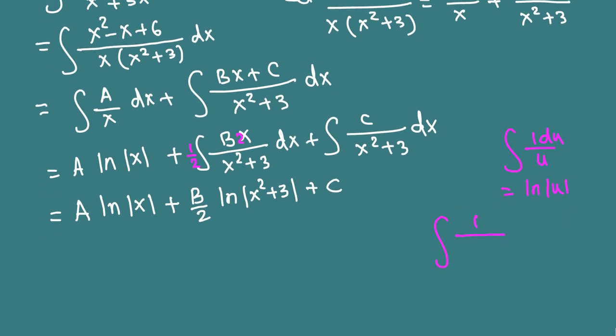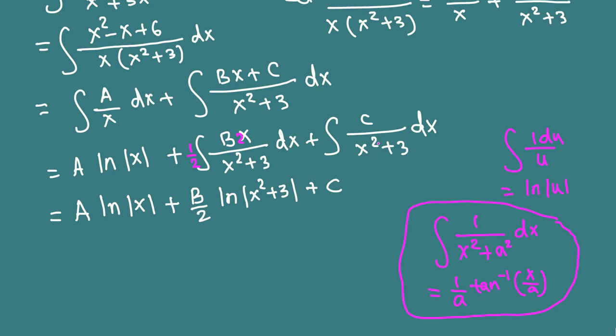1 over x squared plus any constant squared. 3 can be regarded as root 3 squared, so 1 over x squared plus a squared comes from 1 over x squared plus 1. We know 1 over x squared plus 1 integrates to inverse tangent, so this will be 1 over a times inverse tangent of x over a. You need to memorize this formula, because you will get 1 over x squared plus another number a lot of times.